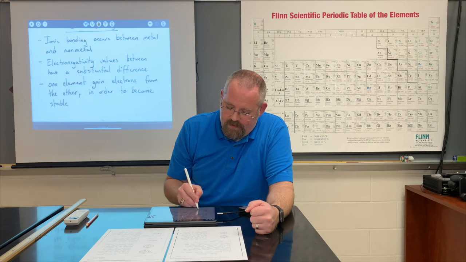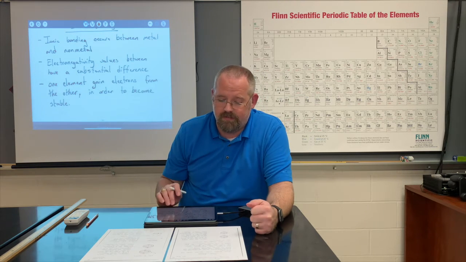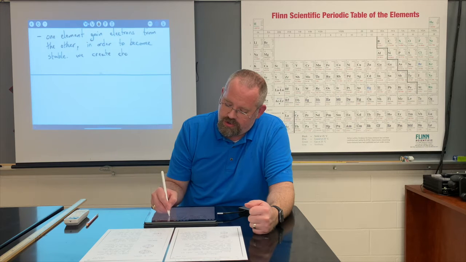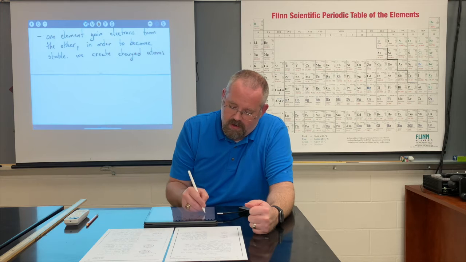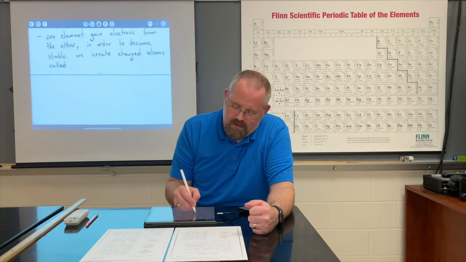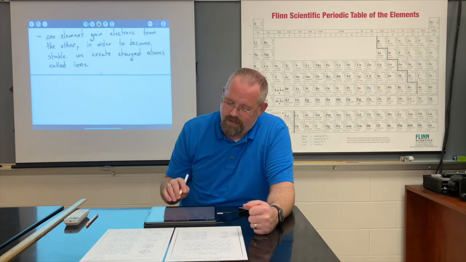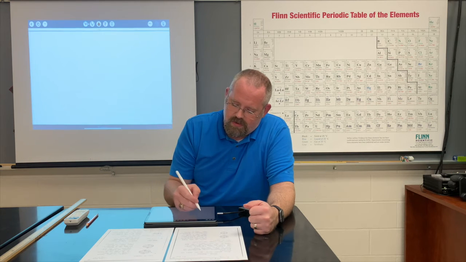And so every atom always wants to have that stable octet in the outer shell. Okay, and when you gain or lose electrons, we create charged atoms called ions, hence ionic bonding.